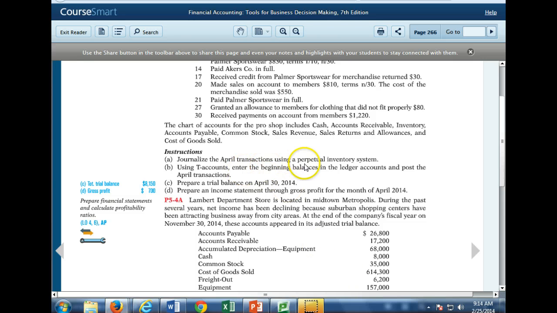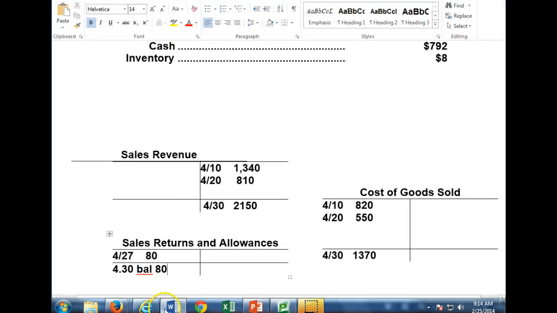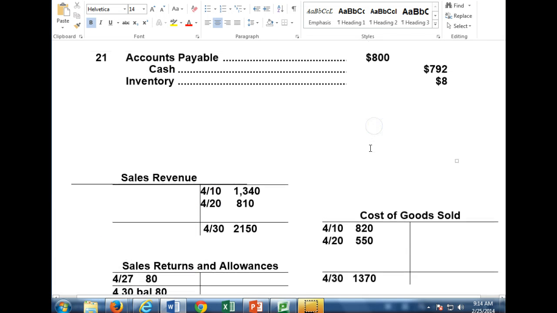Now the next thing we're supposed to do with this problem is we entered the balances in the ledger accounts and posted the April transactions. Now we need to prepare a trial balance. So our job is to take each of these balances and post them to the trial balance.